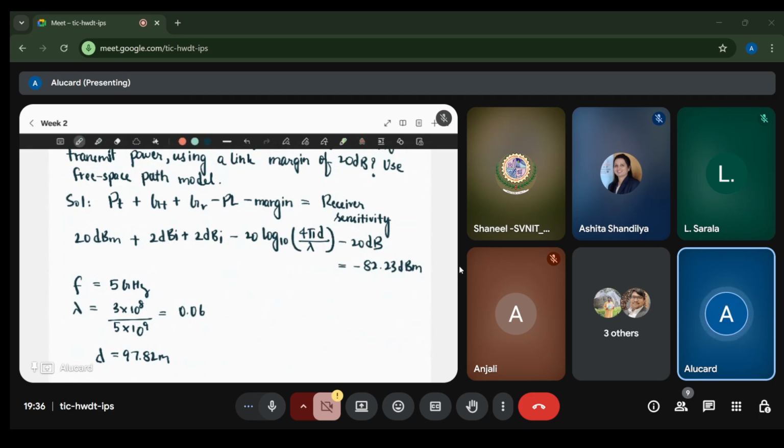Then you'll have to put P transmitted and receiver sensitivity both in dB watts. Then it shouldn't change. Both should be in dB watts or dBm. The rest of the stuff is only in dB, so it's not a problem.